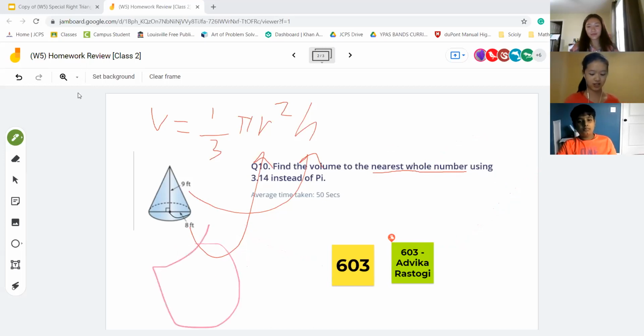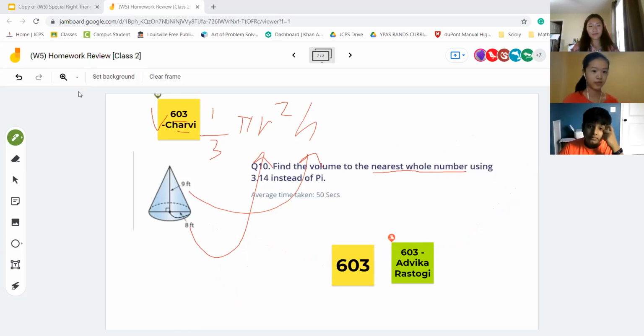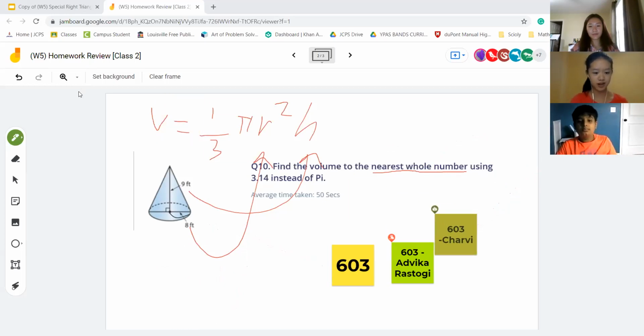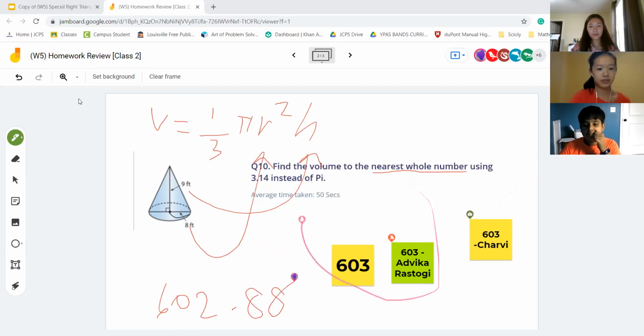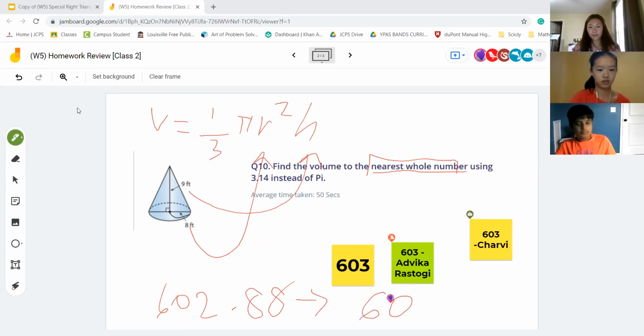So 1/3 times pi, which is 3.14, times the radius squared, so times 8 squared, and then times the height, which is 9. This gives us 602.88. However, remember that it says you need to round to the nearest whole number, so it would just be 603.